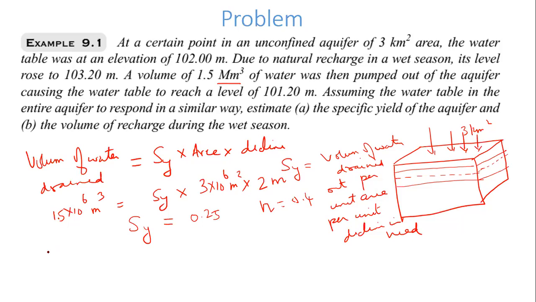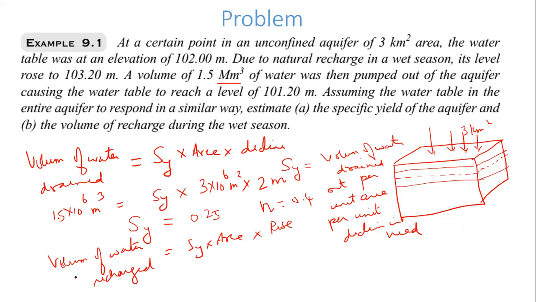Here the volume of water recharged will be equal to specific yield into area into rise, right? If the water level rises from 102 to 103.2, that's a rise of 1.2 meters.